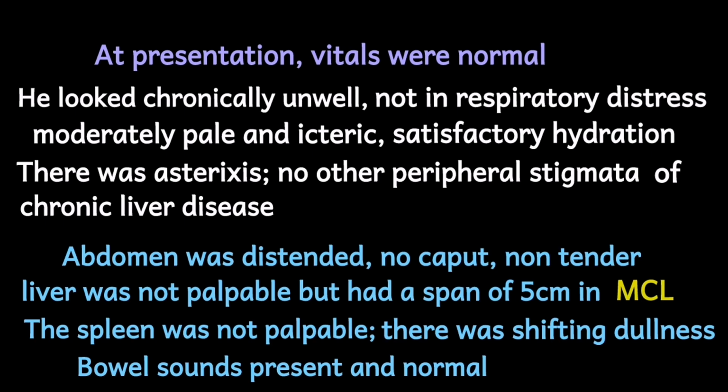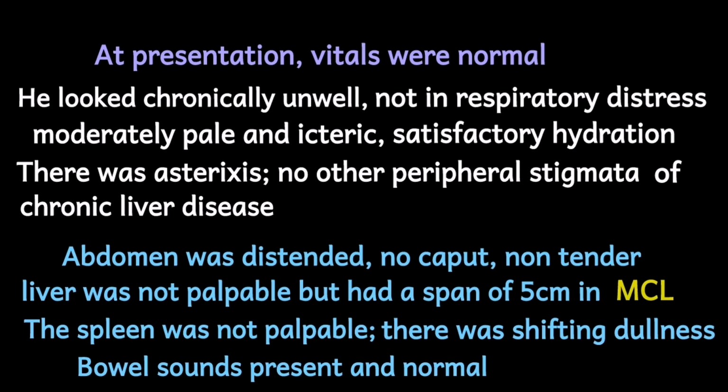Then you realize that after giving a brief general examination, I moved to the part of the exam which really diagnoses or supports my diagnosis, which is the abdominal examination. The fact that the liver was not palpable but had a span of 5 cm supports cirrhosis.